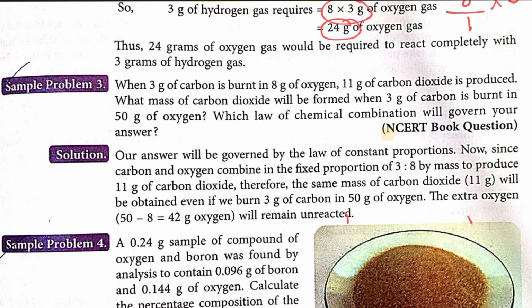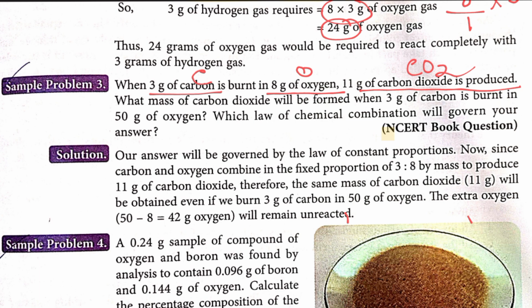Now, when 3 gram of carbon, C, is burnt in 8 gram of oxygen, O, 11 gram of carbon dioxide is produced, so it is CO2. All are by mass because you are seeing the unit of mass, gram.